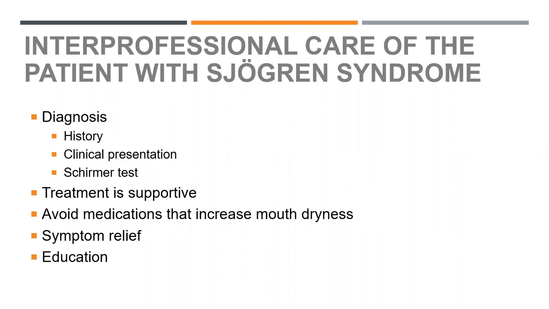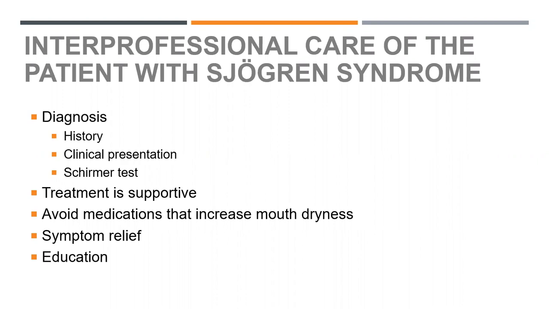We may be using artificial tears or lubricants. We may be using sugar-free liquids, gums, or candies, vaginal lubricants, making sure we have dental care frequently, doing good brushing of your teeth and flossing, making sure we do fluoride treatments, avoiding high sugar, high salt foods.